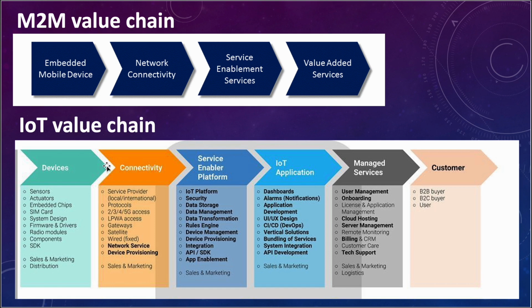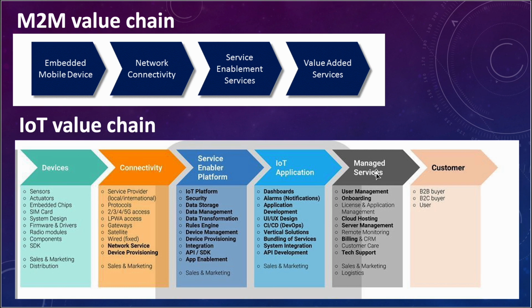When creating an IoT system, all these chain links need to be fulfilled. There should be devices, there should be connectivity, there should be service enabler platforms, cloud or other data centers, IoT applications or front end applications. There should be service management.